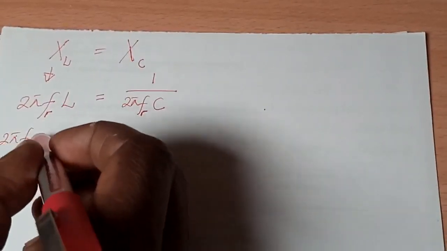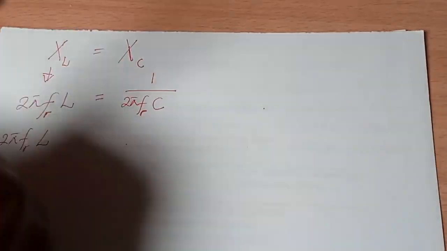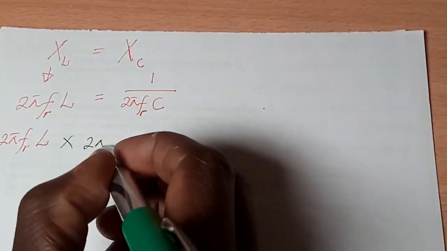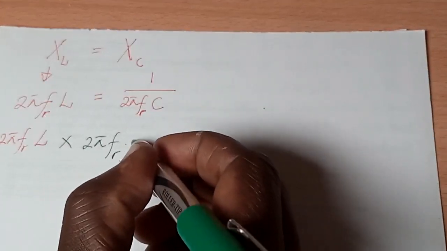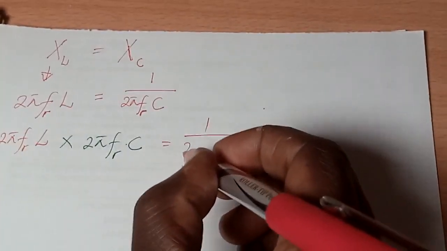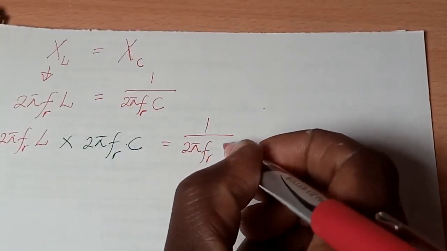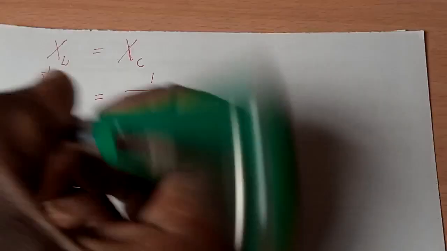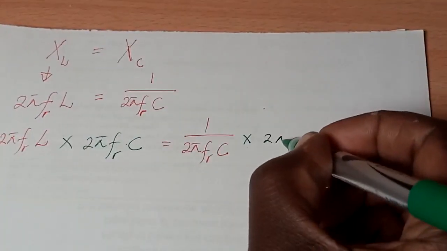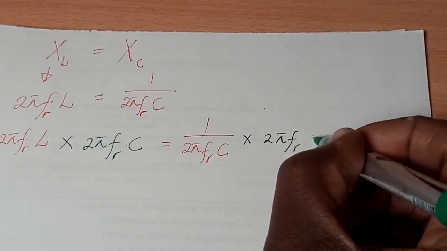So on this side I have 2 pi F sub R L. I will multiply this side by the denominator I have here, 2 pi F sub R C, and this is equal to what I have on the right hand side, 1 upon 2 pi F sub R C. Also, I multiply it by the same quantity, 2 pi F sub R C.